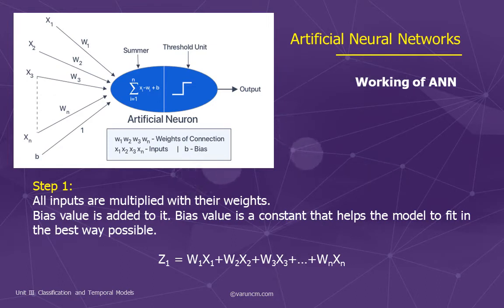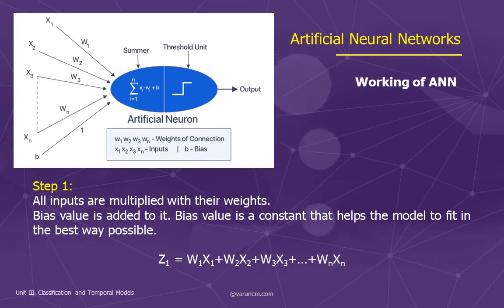What is this bias value? It is a constant which helps the model to fit in the best way possible. That is the major objective of using the bias value.